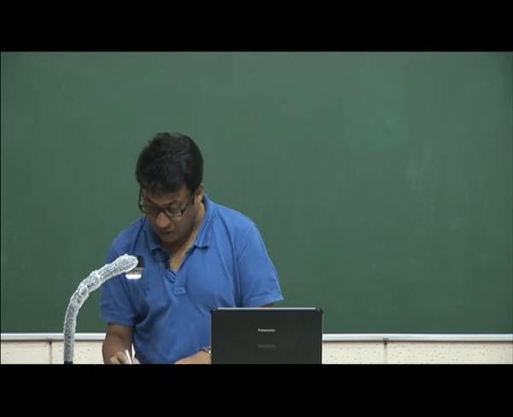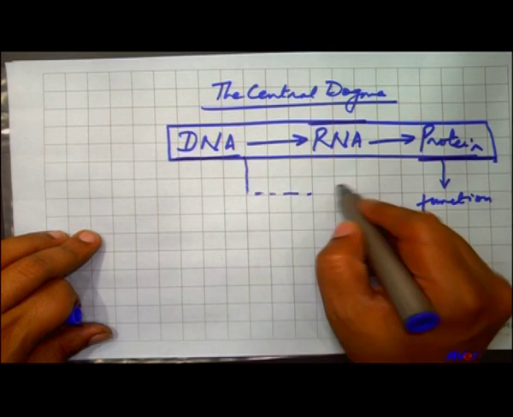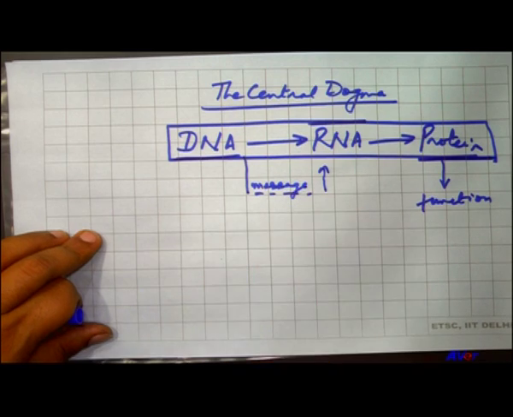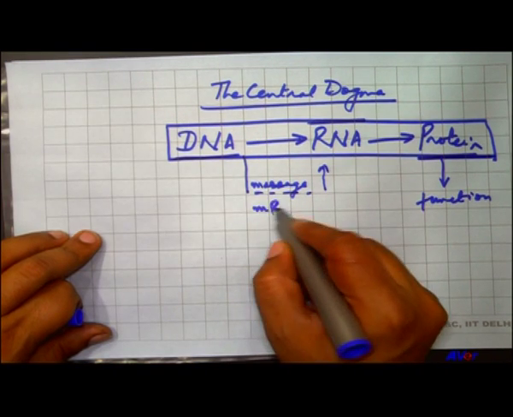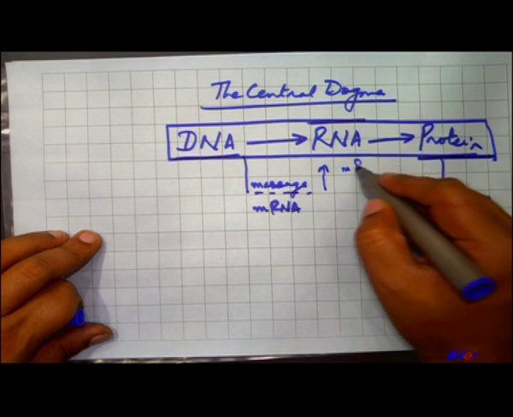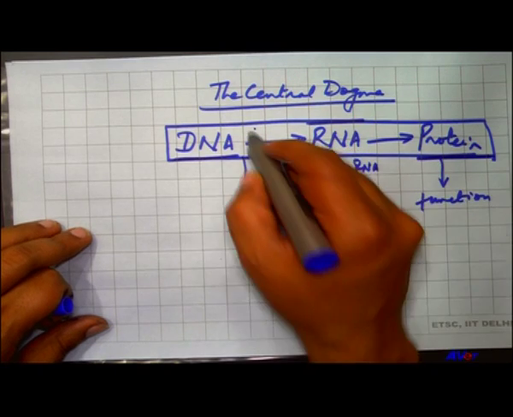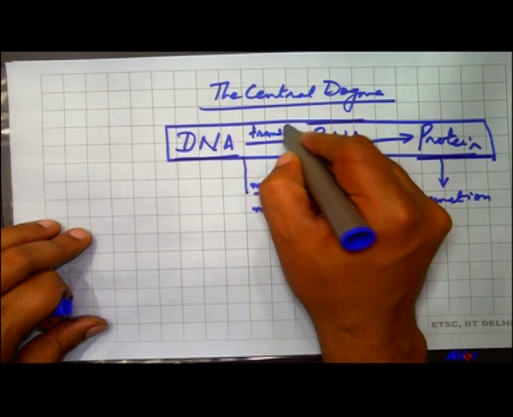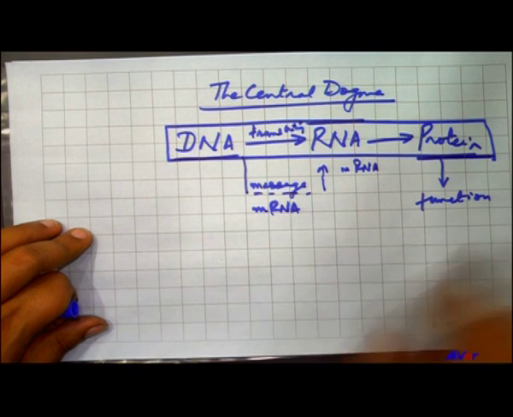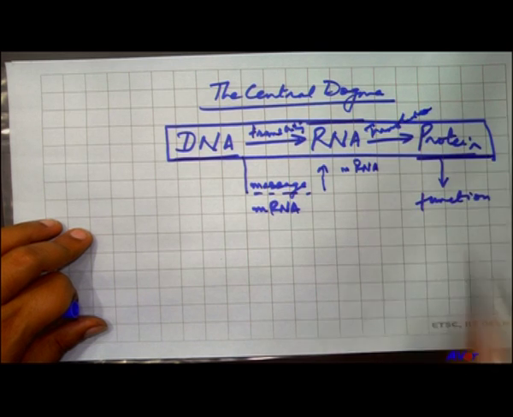You will learn, for example, that when DNA needs to be converted to RNA, of course you will have a message first. So, you will have an RNA species called messenger RNA, and then when this message is to be translated into a protein, you first are transcribing DNA into RNA, then this RNA has to be translated into a protein.